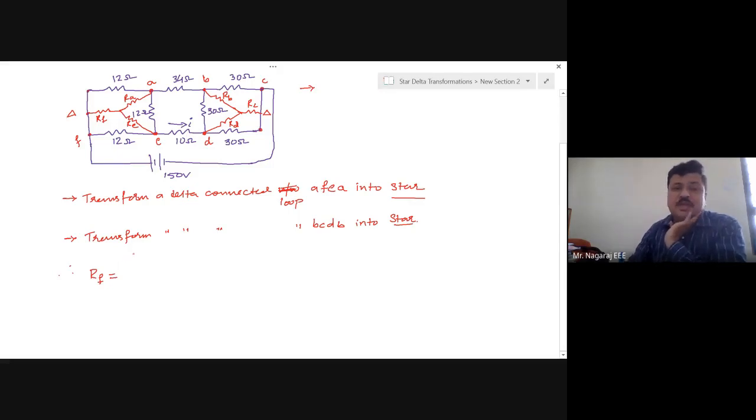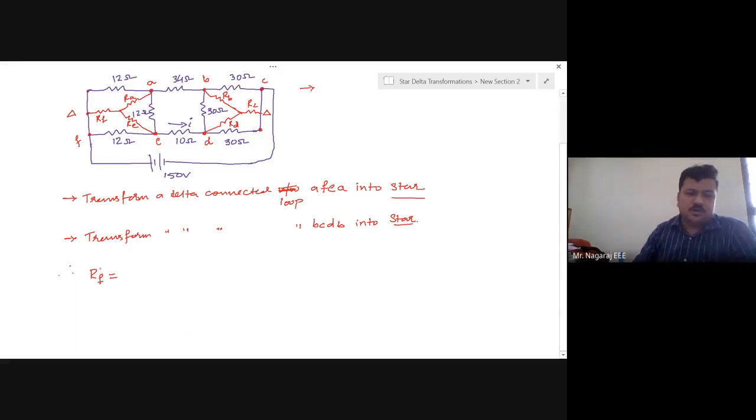Purposely I have taken small a, b, c, d, e, f, a, so that you should practice from the first example itself to understand the logic of calculation rather than simply the memory. You don't rely on only the memory. Memory is required, but you should also understand the logic.